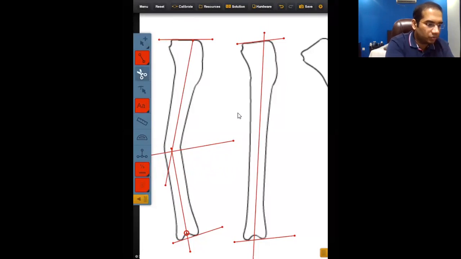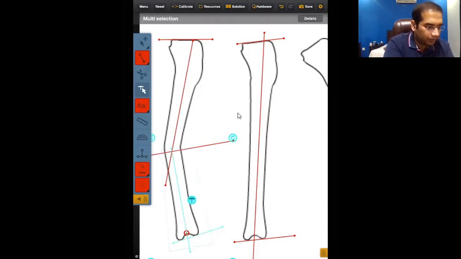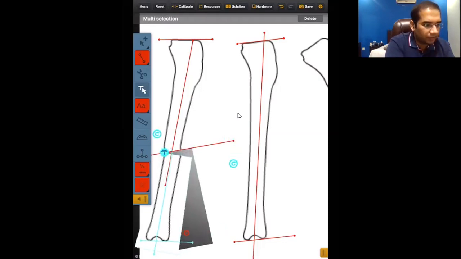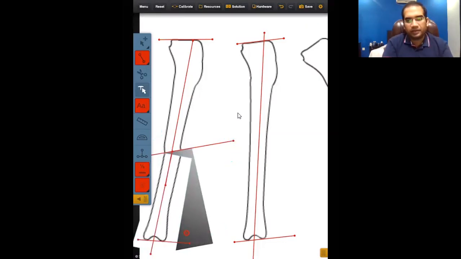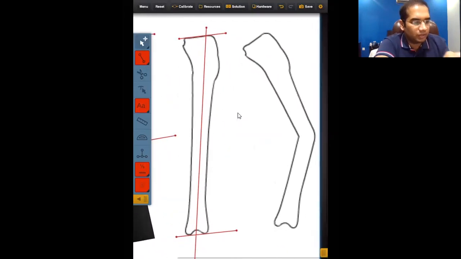And when I'm going to do an osteotomy, I'm going to do an opening wedge, this is going to simply correct not only the deformity, but also the mechanical axis. The axis orientation has been restored, joints have been restored. So let us quickly move to our third scenario.